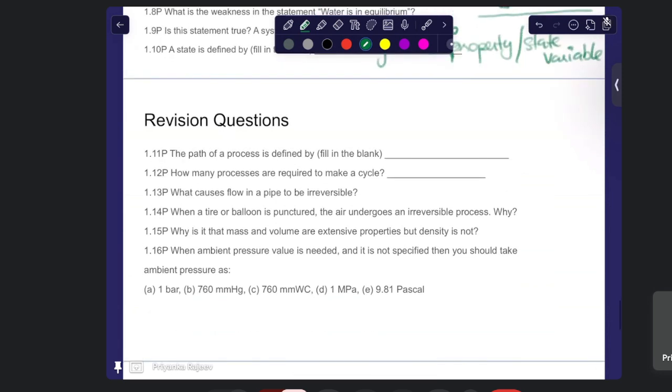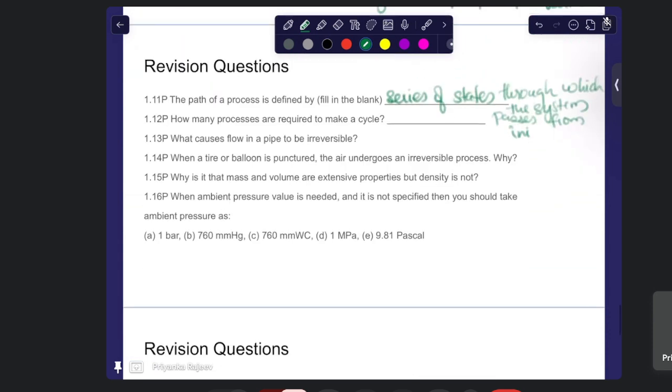The path of a process is defined by the series of states through which the system passes from initial to final state. Okay, I'll write over here.